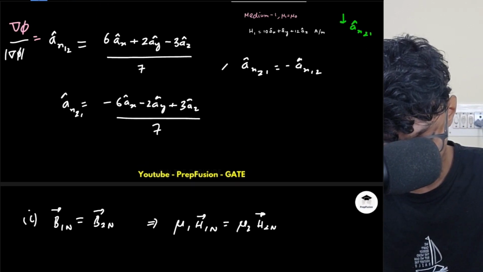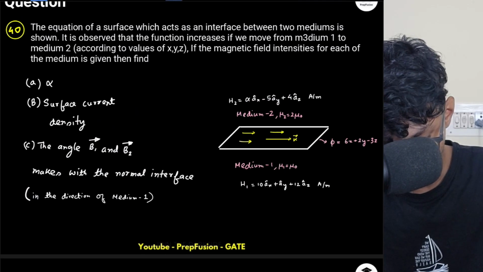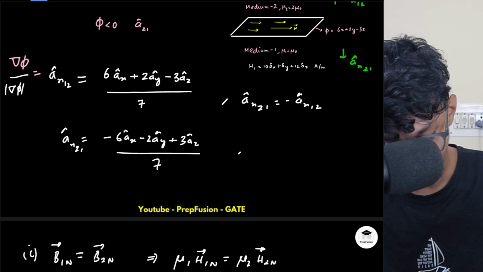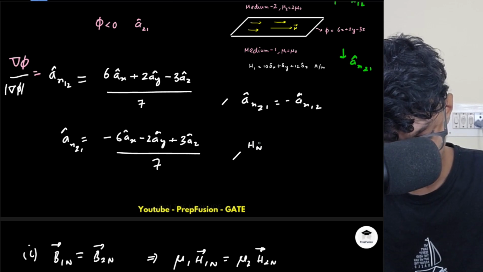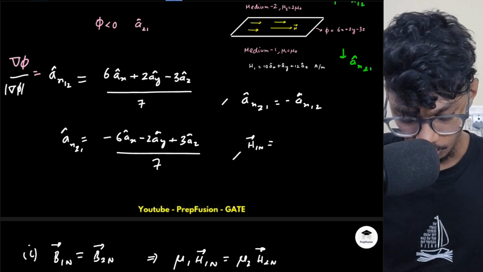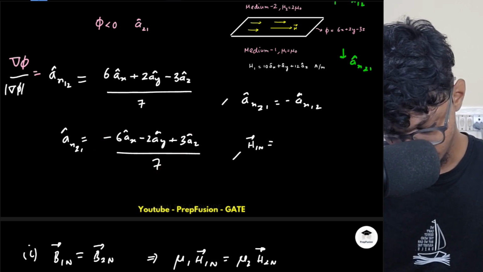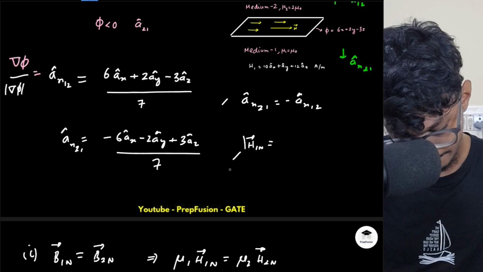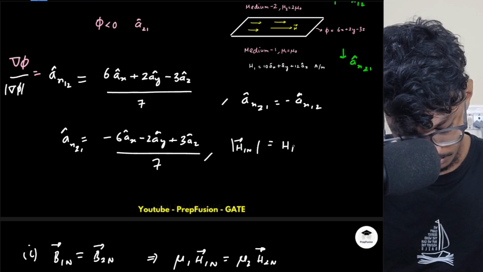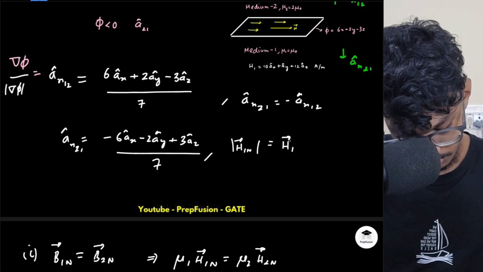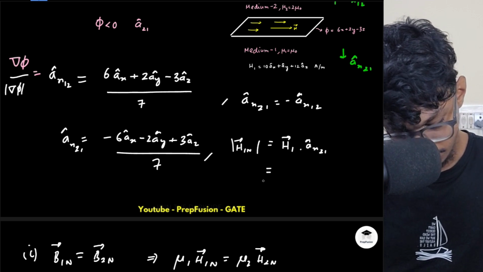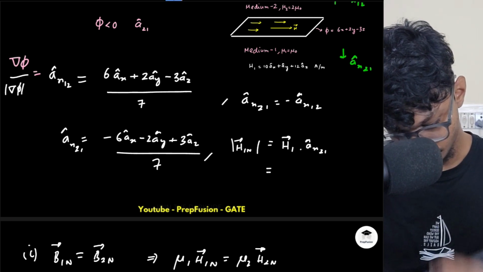So what is known to me? H1 is known to me. From here, the magnitude of H1n will be simply the dot product of H1 with a_n21. So if I take the dot product, what will I get?